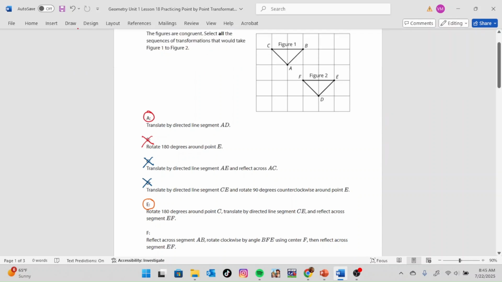And option F, reflect across segment AB. So we're going to reflect across this line segment AB, and when we do, it's going to create this red triangle right here.